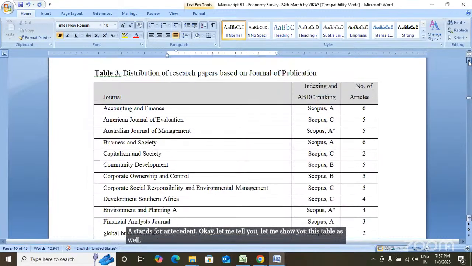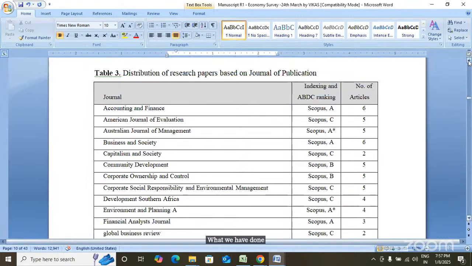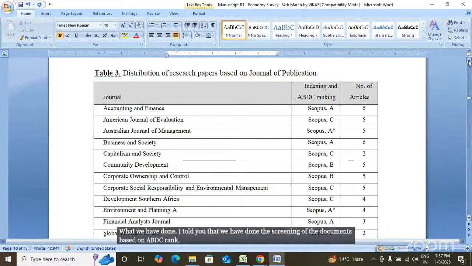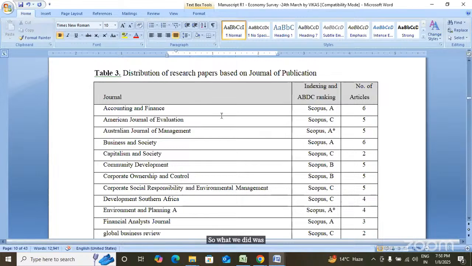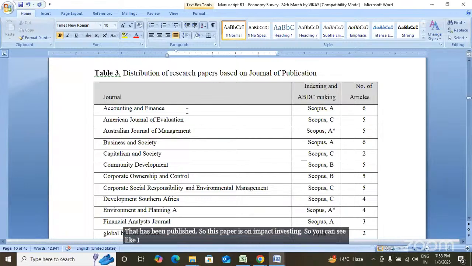I told you that we have done the screening of the documents based on ABDC ranking. This is my paper that has been published, on impact investing. I have already mentioned in the PRISMA framework that we have considered only ABDC ranking journal papers.